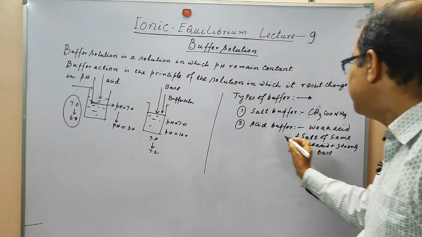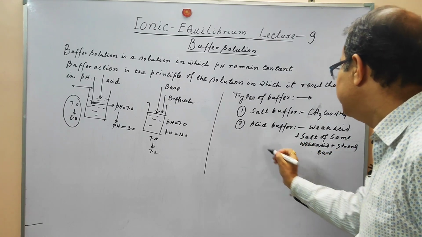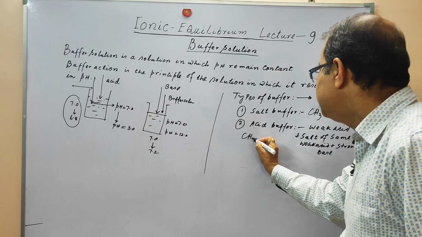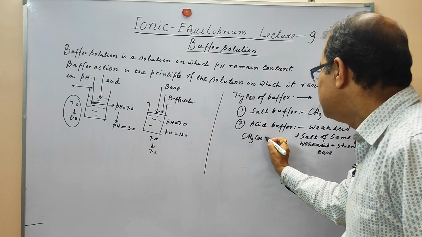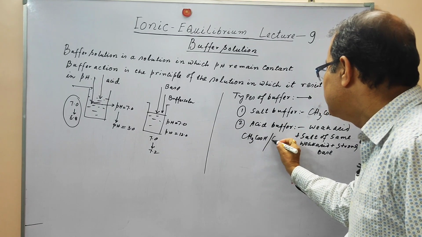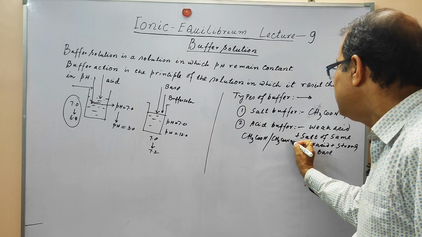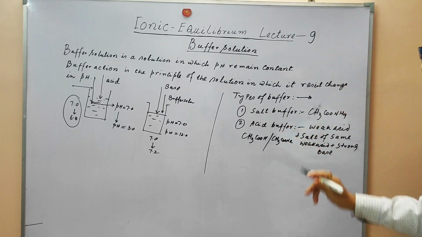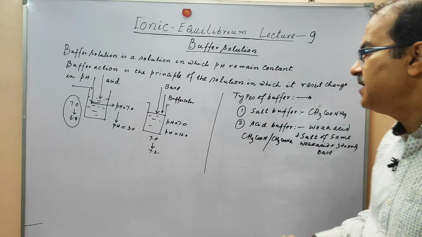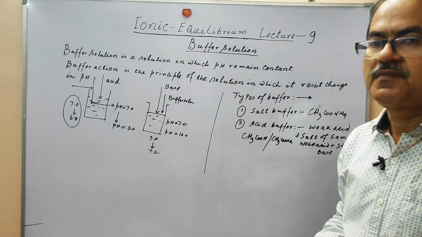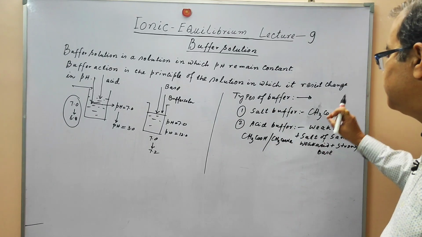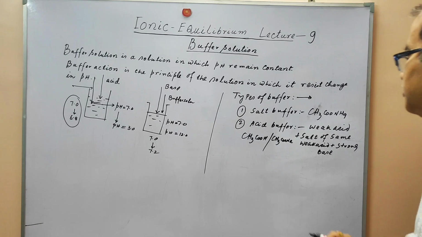An example of the acid buffer is acetic acid and sodium acetate. This is the salt of the same acid, acetic acid, with NaOH. NaOH is the strong base.